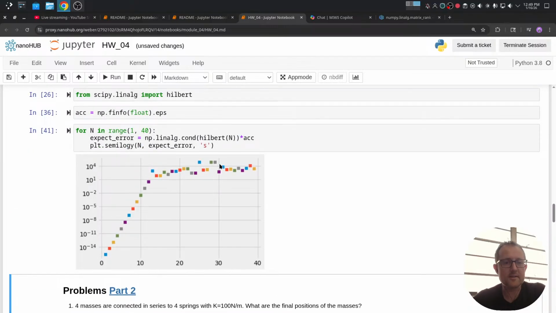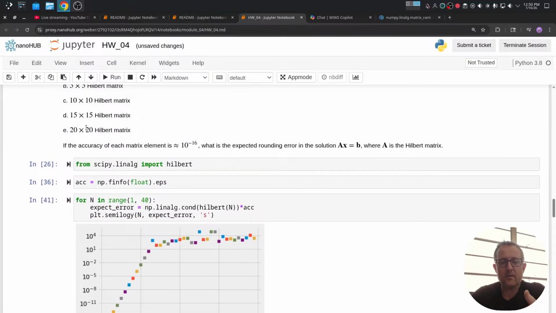mostly just noise. What we're seeing here is the round off error that we first looked at in module 1, where we have this balance of truncation error and round off error. In this case, we're just seeing how round off error accumulates in linear algebra problems. But at some point, we can't even figure out what the round off error is because we can't calculate these values.